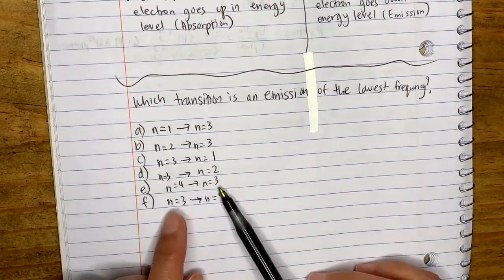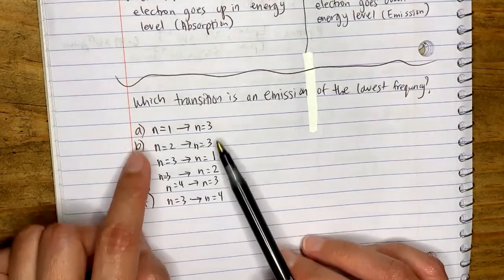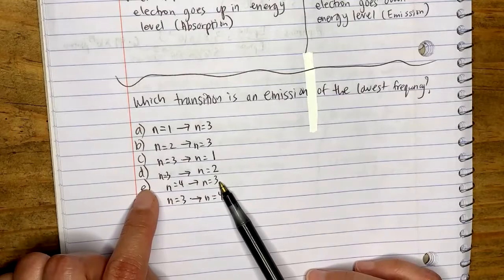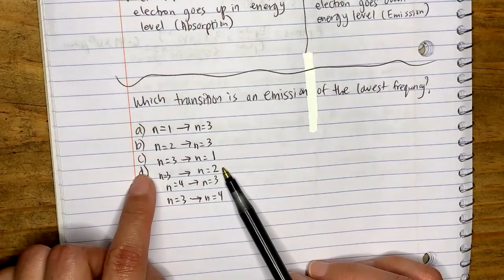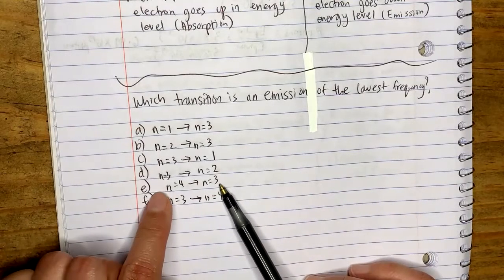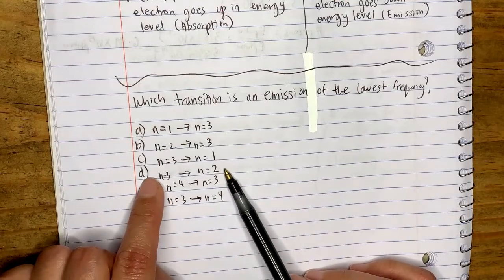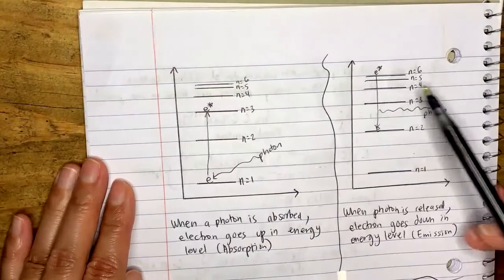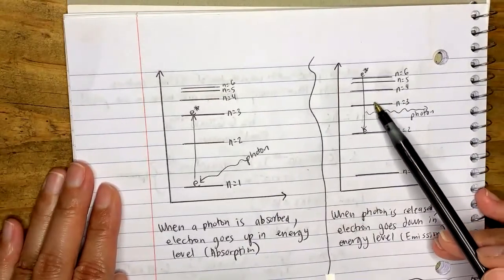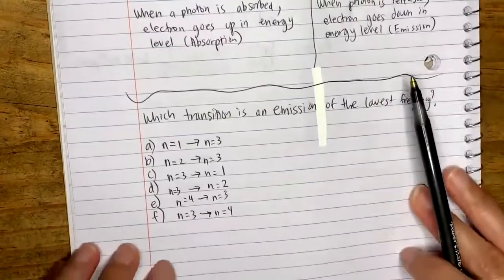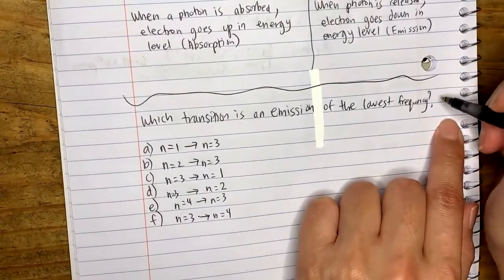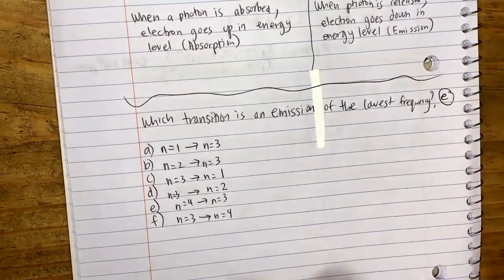Obviously out of coming down, you have 3 to 1, 4 to 3, and 3 to 2. The smallest gap will be 4 to 3, because you see here, 4 to 3 is smaller than 3 to 2. So my answer here for the lowest frequency emission is going to be E.